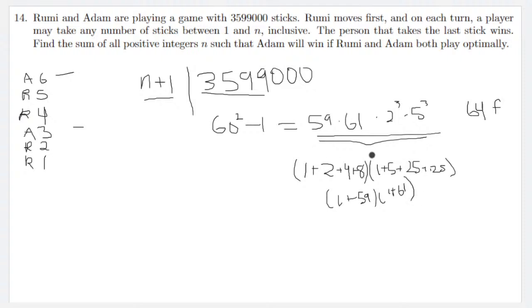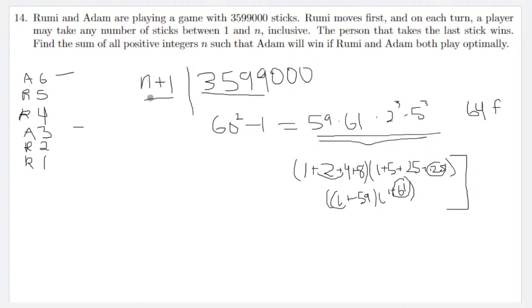And you'll notice we can pick any power of 2 here, any power of 5 here, any power of 59 here, any power of 61 here, and multiply them together, and that'll give us one factor of 3,599,000, right? So in this regard, when we multiply this product together, we've now found the sum of all the factors of this giant number.